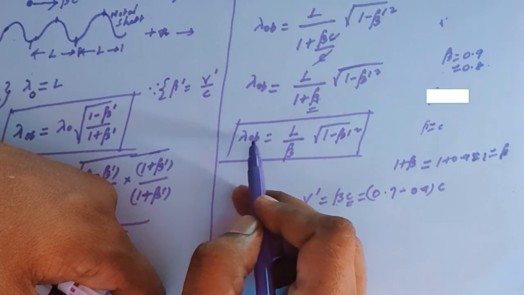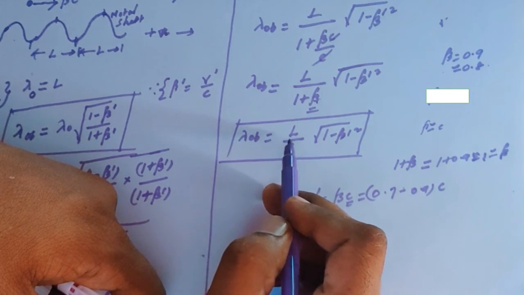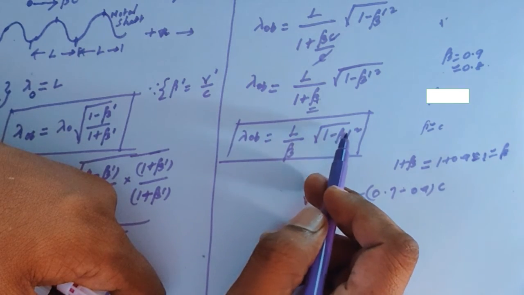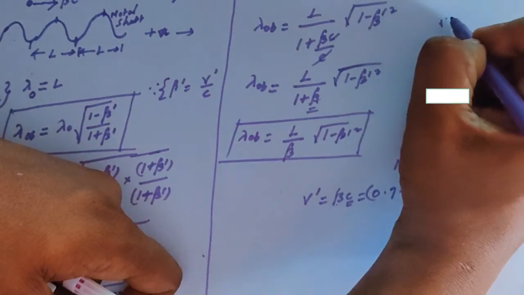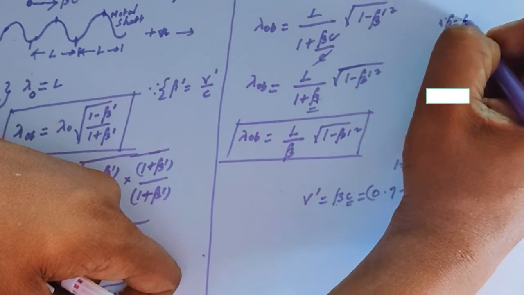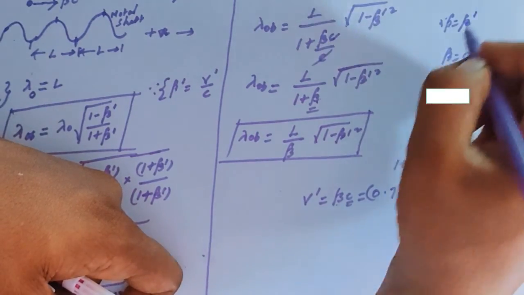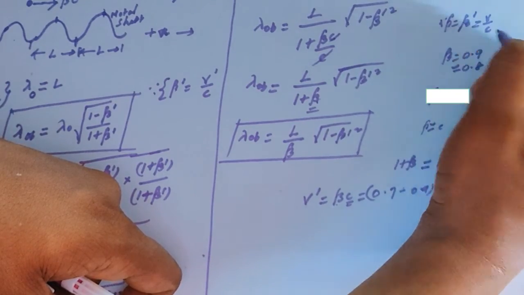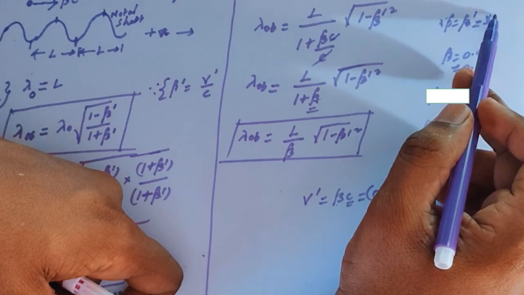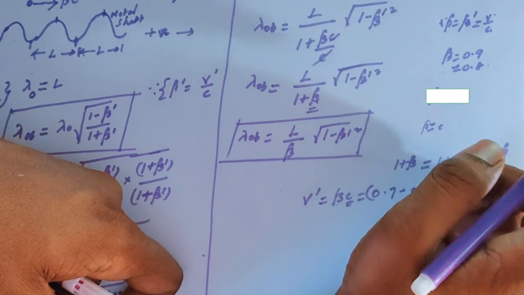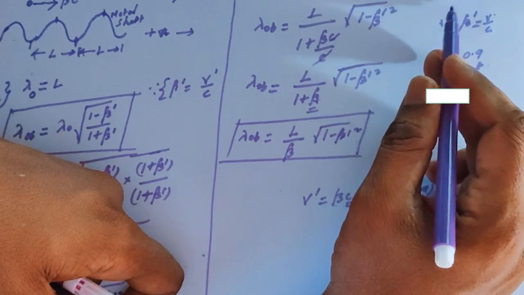Then the final lambda observed wavelength is L divided by beta, times square root of 1 minus beta prime square. In general, beta is equal to beta prime, because both of them can be represented by v by c, the velocity of the particle compared with the velocity of light. That is what we define by beta.